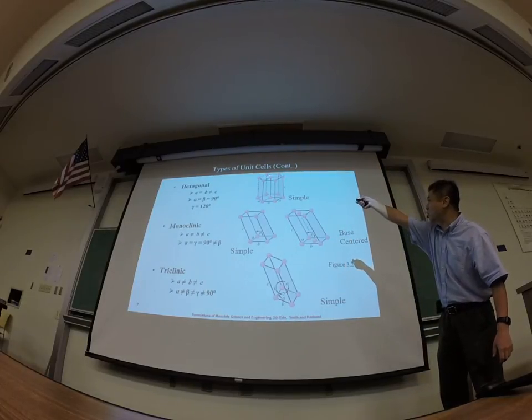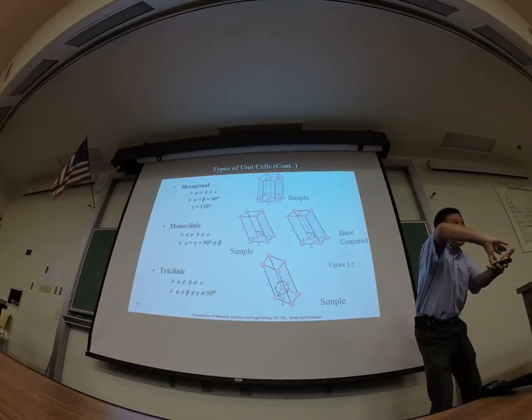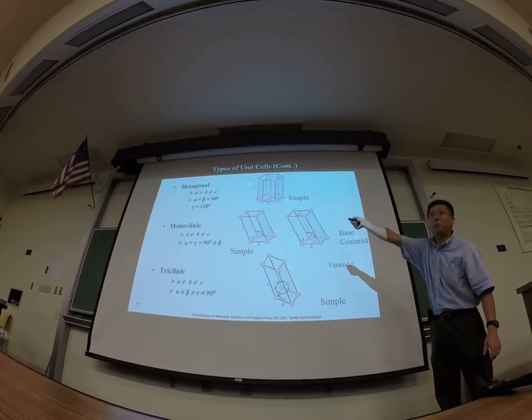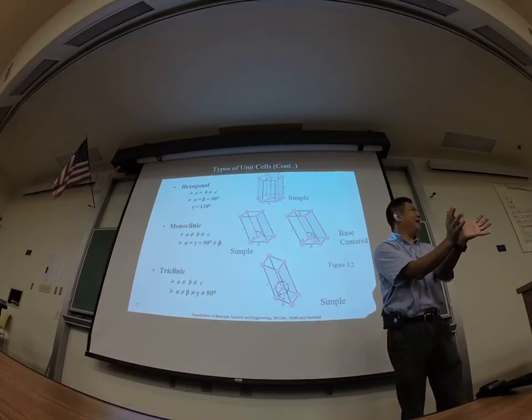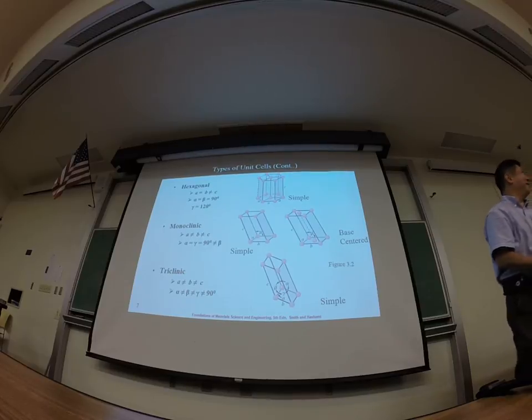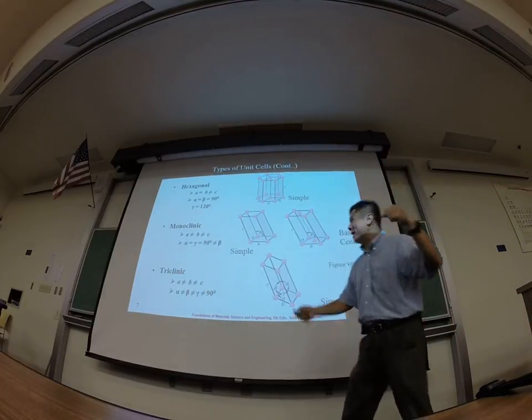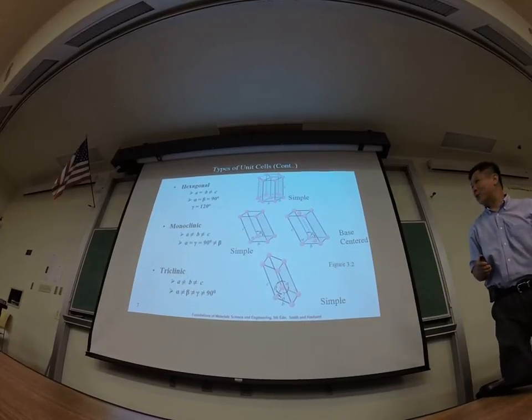You can get this unit cell, and then you rotate 120 degrees again, you get the third one. By combining them together, you get the hexagonal structure. How about that? So that's a bit more complex than all the others. Hexagonal is complex.